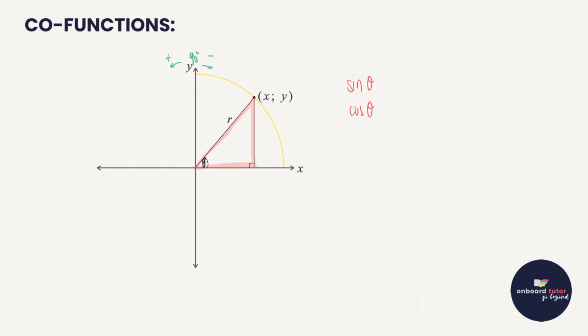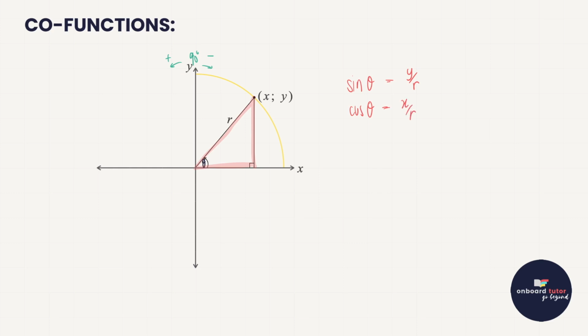You would say sine is opposite over hypotenuse, and so you'd look at it and go, the opposite here, that's the y coordinate, so that's y over r, and cos is adjacent, so that's the x coordinate over the r value.